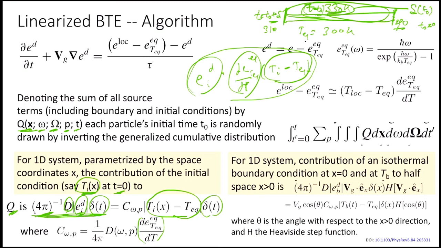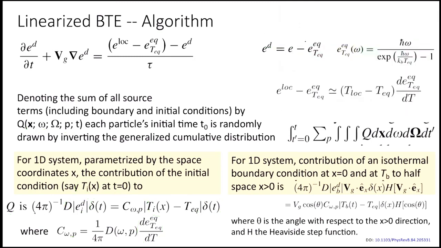Delta t remains as it is, and we define this 1 over 4 pi, density of state, dE by dT. This term is heat capacity. We haven't discussed this part because that's another set of lectures, but this term we could call a heat capacity. So the overall contribution to the source term becomes the heat capacity of a particular phonon mode of a certain polarization, times Ti minus T equilibrium, times delta t.